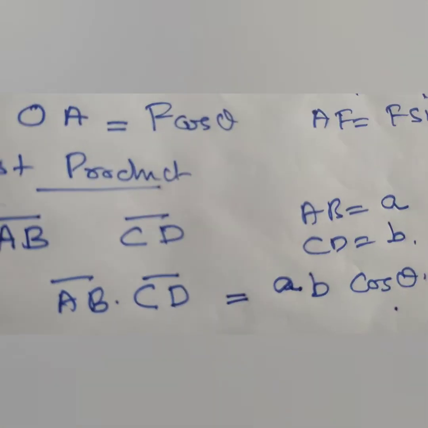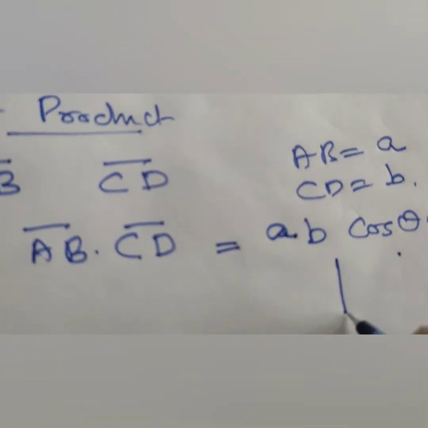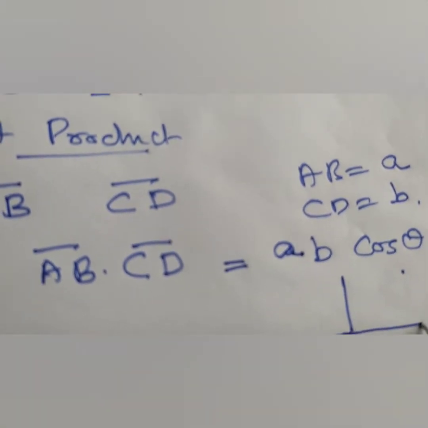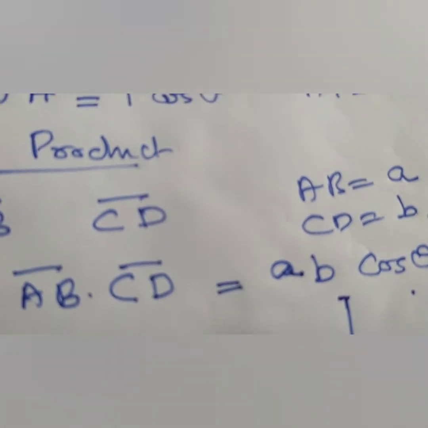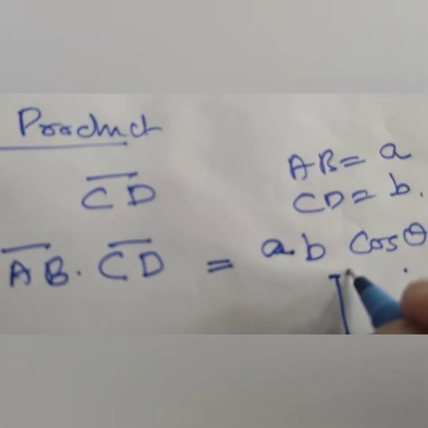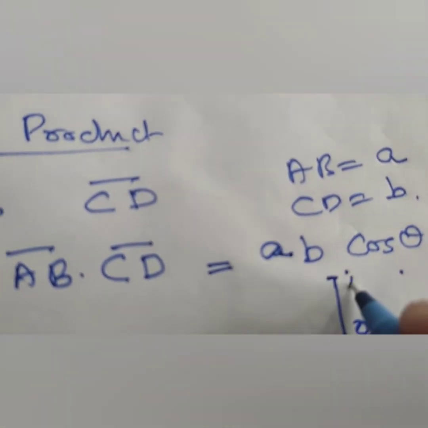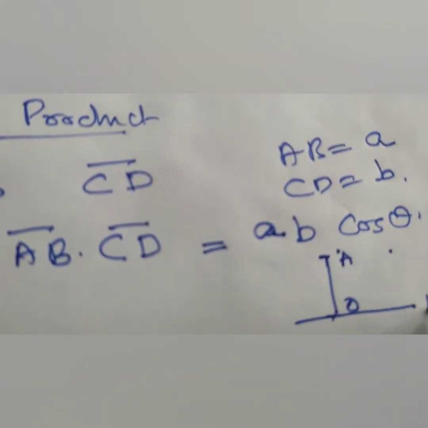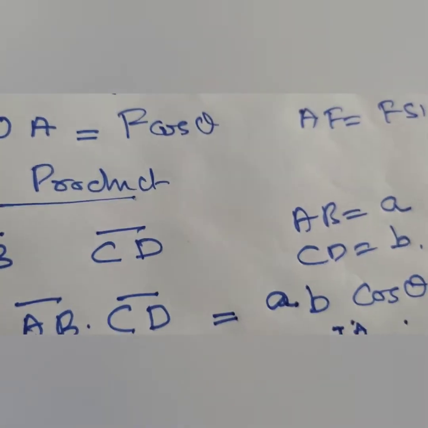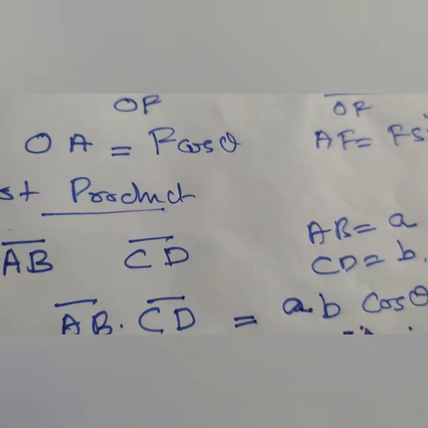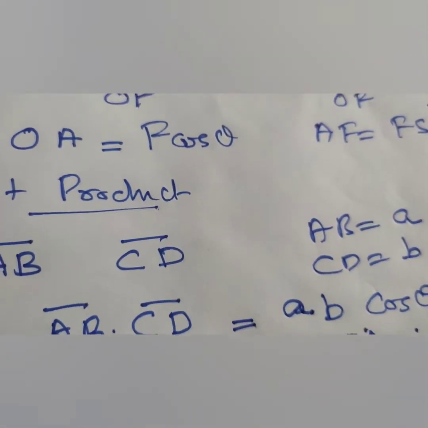If two lines are perpendicular, suppose the two lines are OA and OB, then the angle theta is 90.